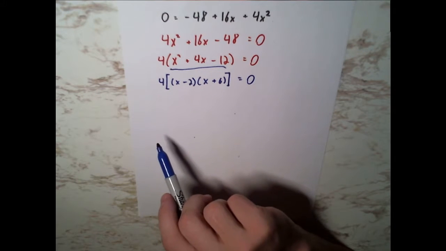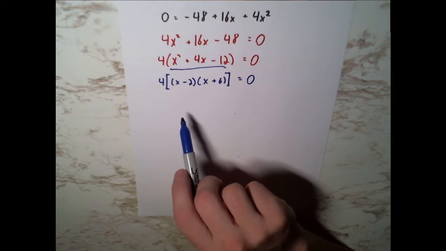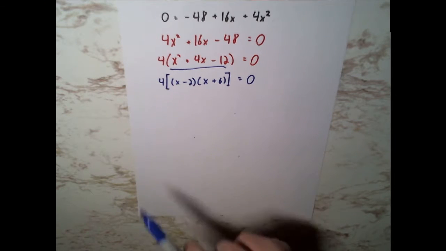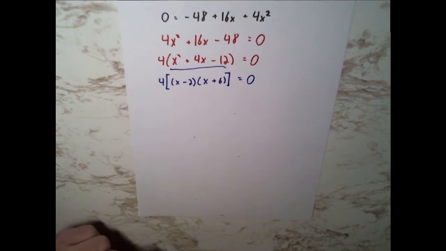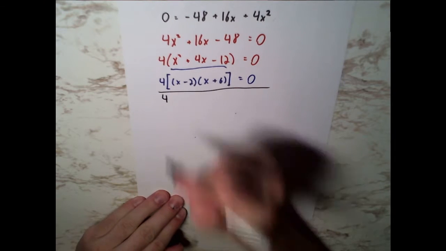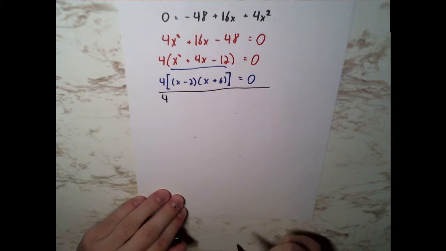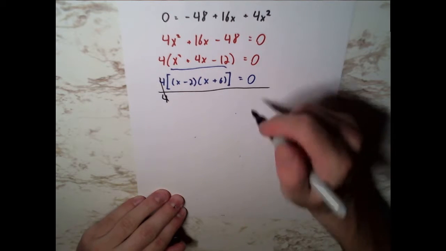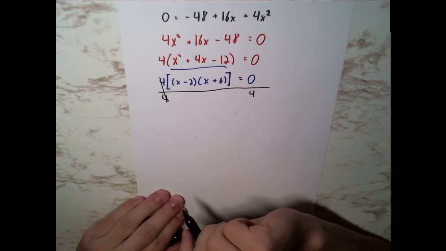And finally we need to solve for x. So we just set everything equal to 0. So like this 4 outside doesn't really matter. If you want, you can divide the entire equation by 4. So the 4's will cancel here, and then you're left with 0 over 4 on the other side, which is just equal to 0.